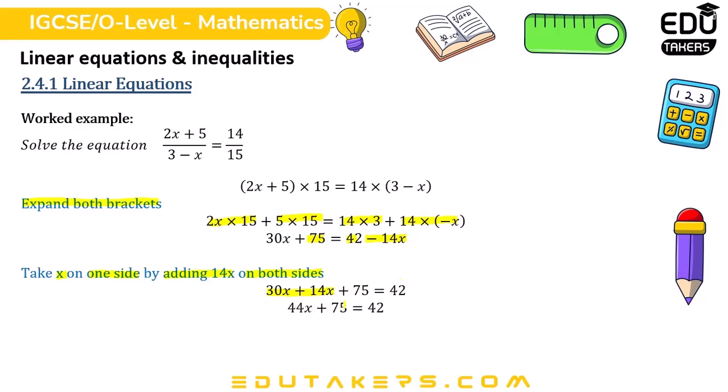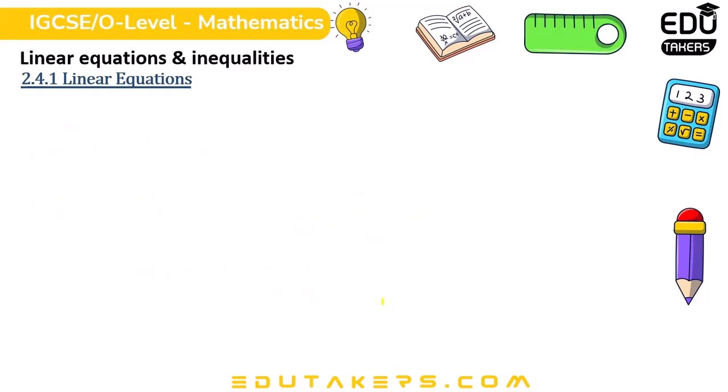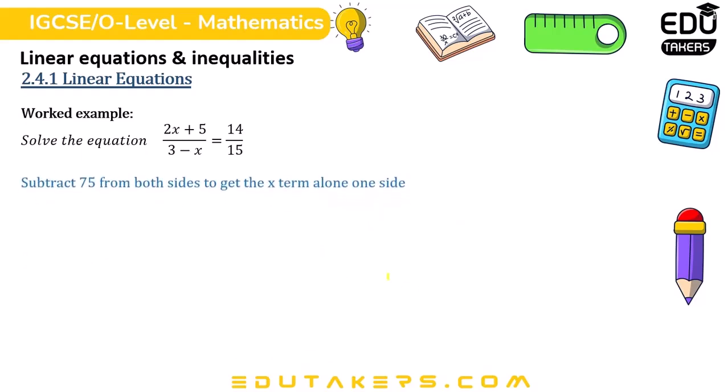So 44x plus 75 equals 42. Now subtract 75 from both sides to get the x term alone on one side. It will be 44x equals 42 minus 75.